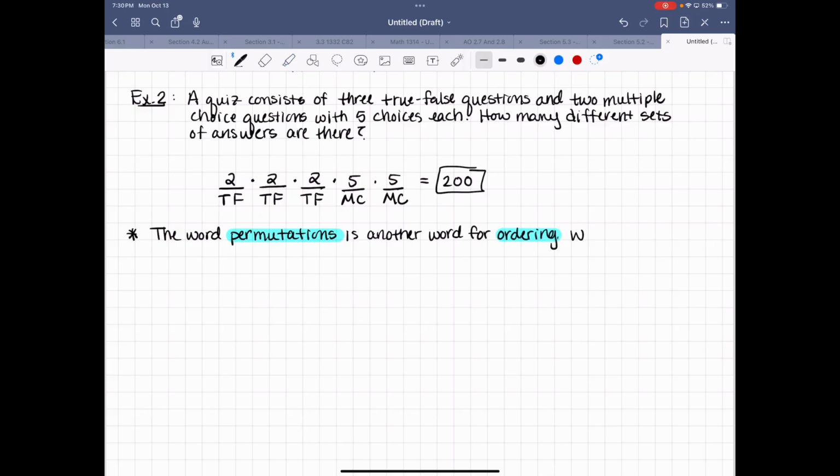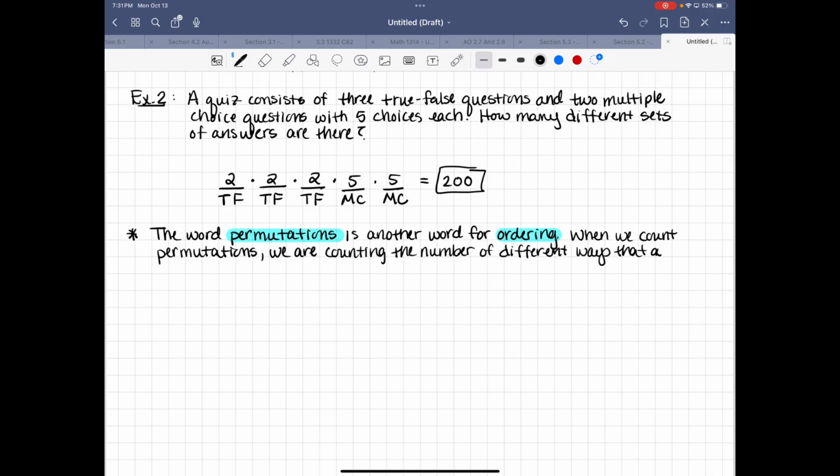When we count permutations, we are counting the number of different ways that a group of items can be ordered.